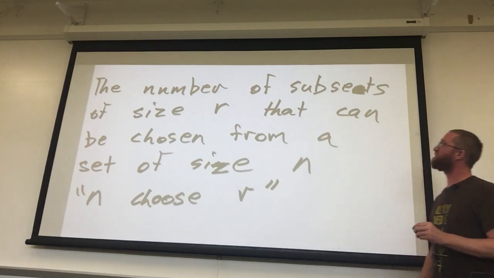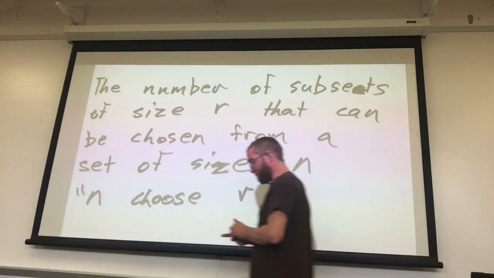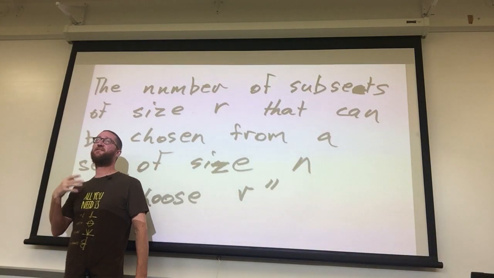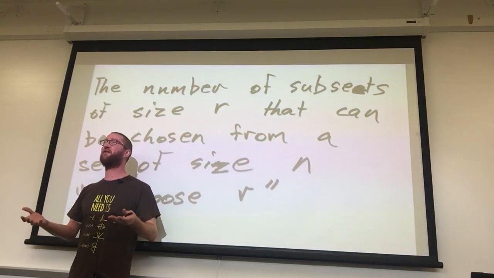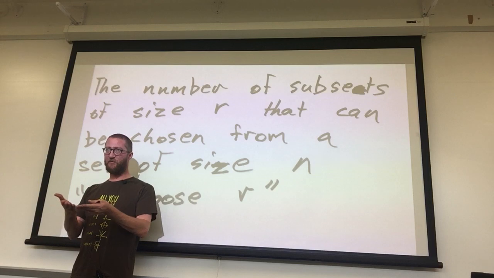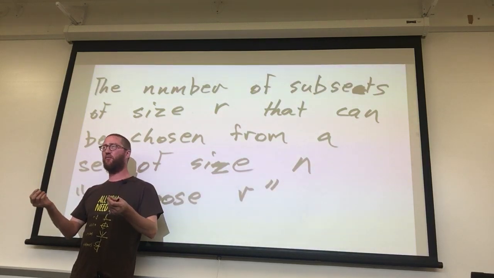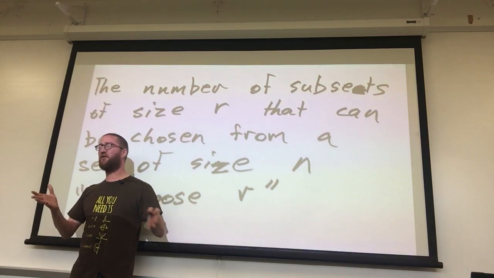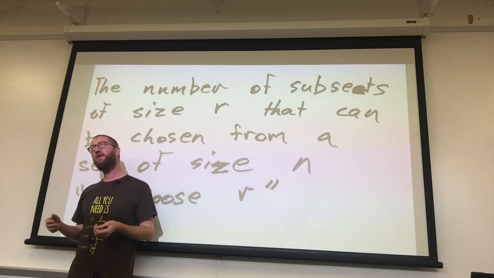The number of subsets of size R that can be chosen from a set of size n. When you're talking about subsets instead of ordered pairs, this means that when you're given 5 cards, the order of those 5 cards doesn't matter. So if I want to put the face cards at one end and the numbered cards at the other end to try to figure out what kind of hand I was dealing with, that's totally fine.